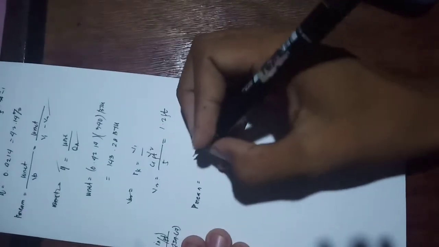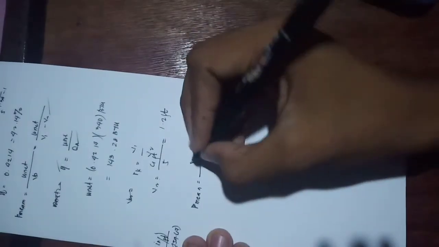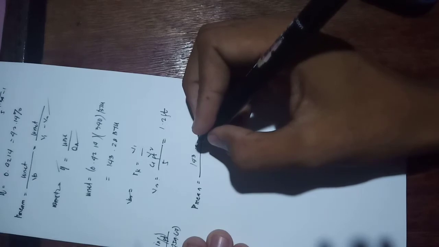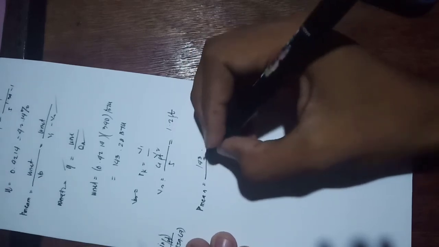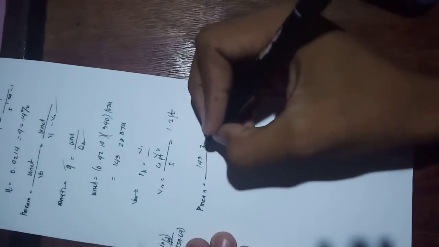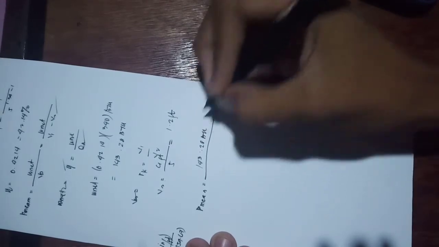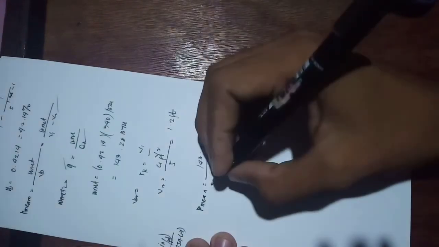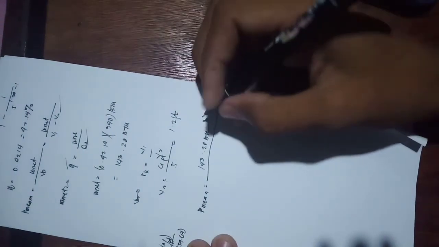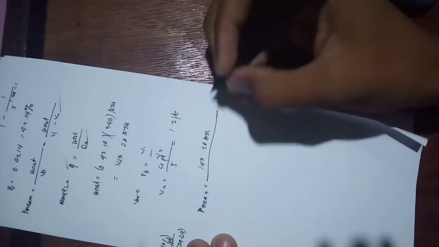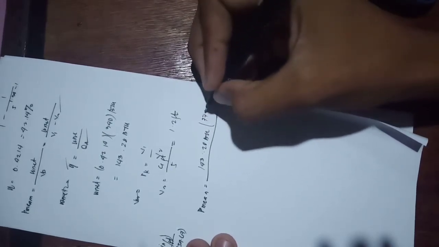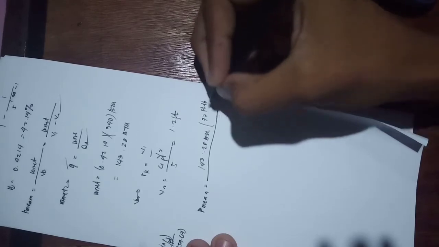So we have the work net. We already have the work net, 143.28 BTU, and we can cancel the unit if we convert the unit. So let's convert first. We have 778 foot-pound per BTU.